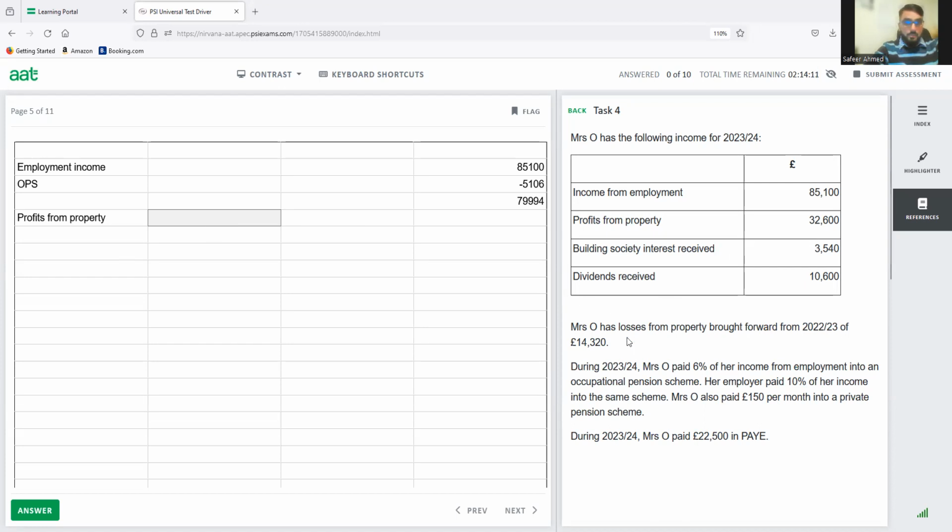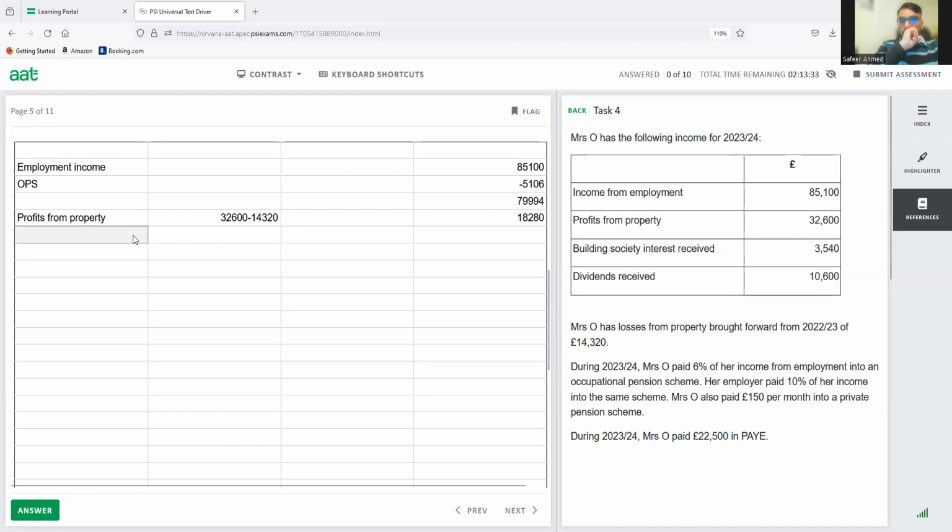So the property losses brought forward, we can deduct from the property profits of this year. So the last year, 14,320. We need to do that calculation here, which is 32,600 minus 14,320. This will give us the assessable property profits, or in other words, assessable property income. So 32,600 minus 14,320 gives you 18,280.